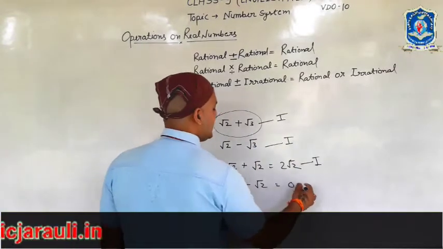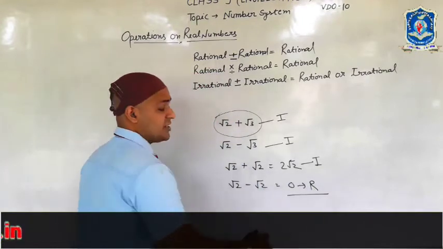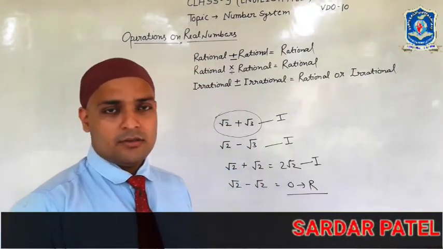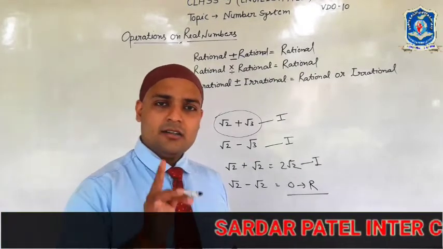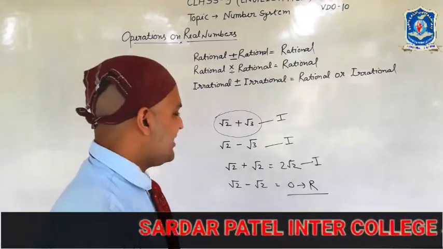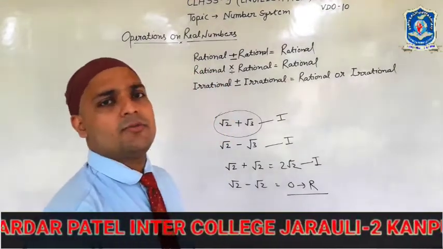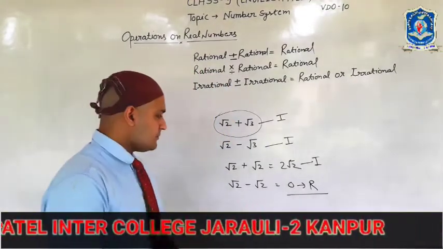We know that 0 is a rational number. I have told you before that 0 is a rational number, because we can write 0 as 0 upon 1, 0 upon 2, 0 upon 3, 0 upon 4.